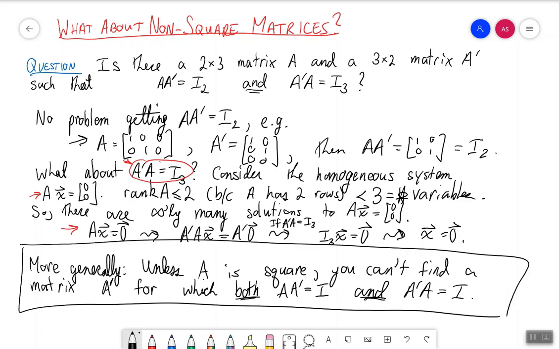That's why when I talk about invertible matrices, I only talk about square matrices.